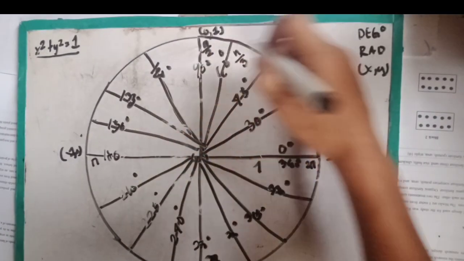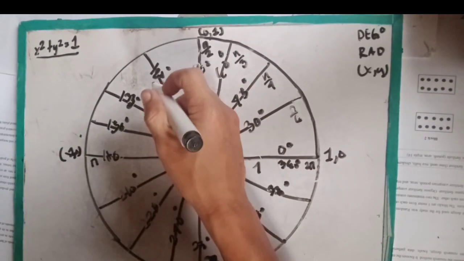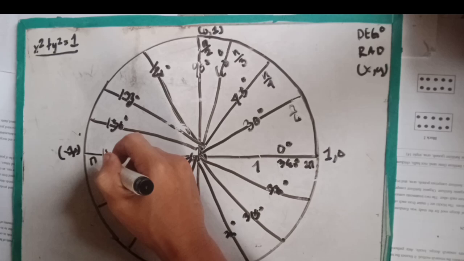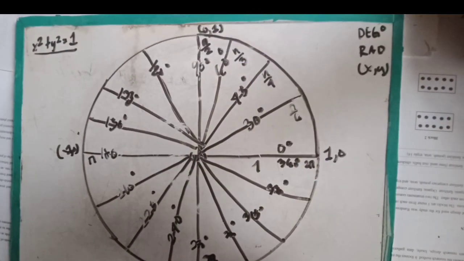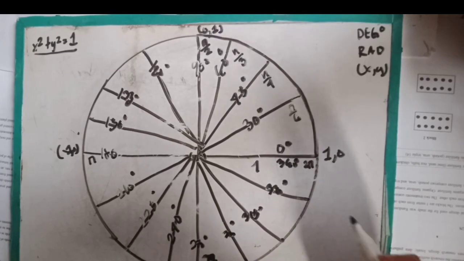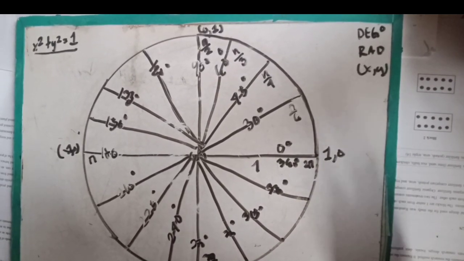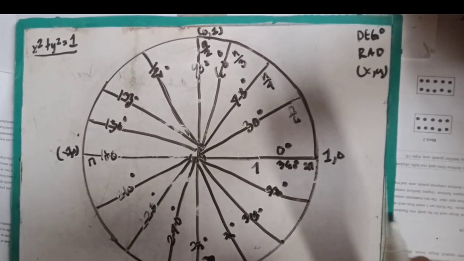So after having those values, we can now use the same approach to get the values in quadrant 2, quadrant 3, and quadrant 4. For quadrant 2, we just need to subtract the corresponding values here from pi. So first, pi minus pi over 3 is equal to 2 pi over 3.